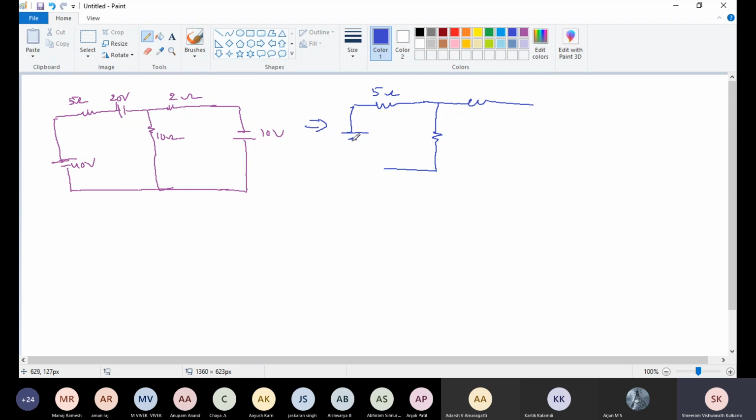Sorry, I am going to consider this 40 volt now. Tell me, whatever circuit I have drawn here, is it correct or not? Yes.